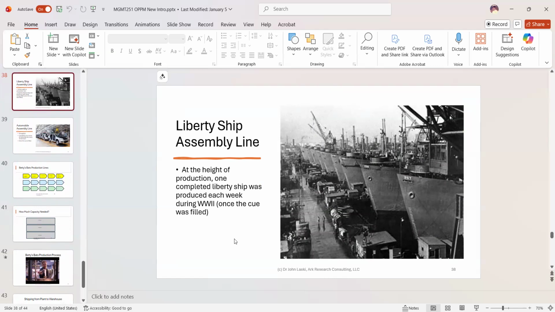At the height of the war and the height of production, we were able to manufacture and push out a finished Liberty ship at a rate of one a week once the queue was filled.